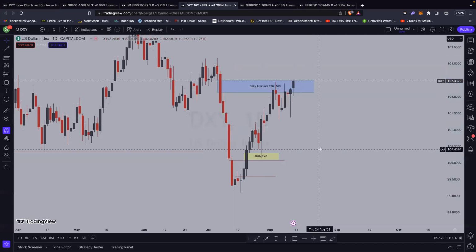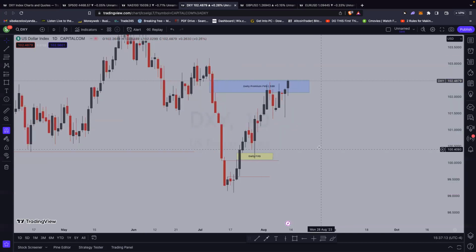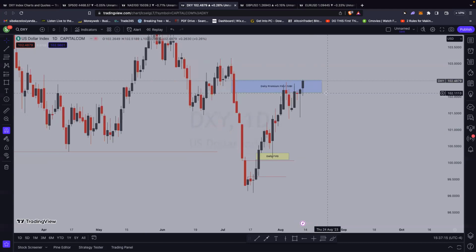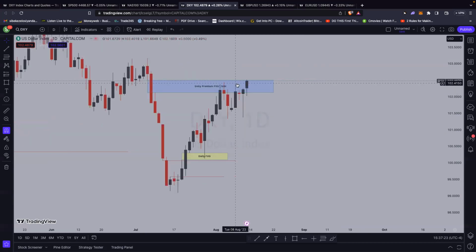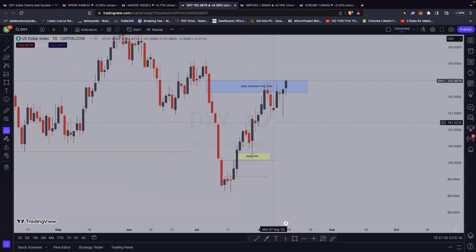So going into next week, if you look at how we closed above the highs there, I think I would just wait for Monday and see how price reacts to these down close candles, right?